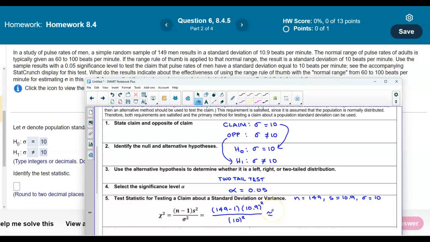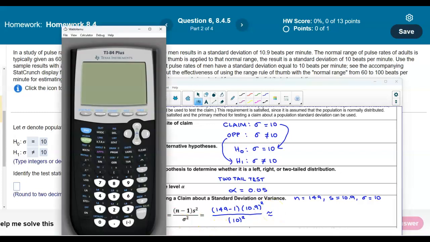Let's round that to 2 decimal places. So we have 149 minus 1, which is 148, multiplied by 10.9 squared, and then divided by 10 squared, which is 100, and that gives us 175.84.